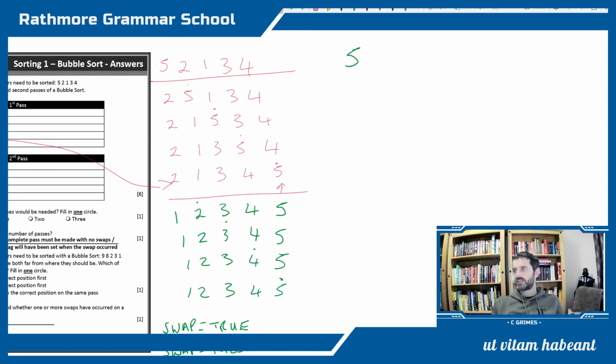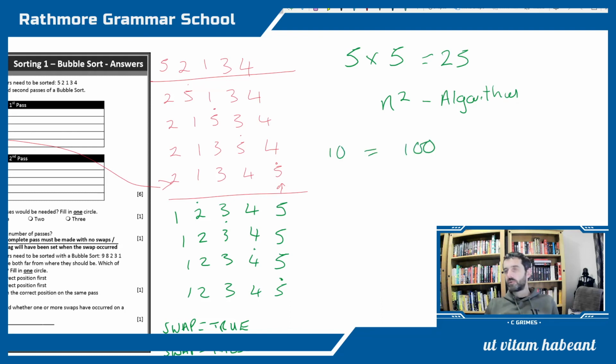That's 5 passes of an outer loop multiplied by 5 passes in an inner loop, worst case scenario if we don't have a flag to break out of it, and that equals 25 operations. We call this an n squared algorithm, n being the number of elements in the data set. So if we've got 10, that will evaluate to a possible 100 operations at worst case scenario.